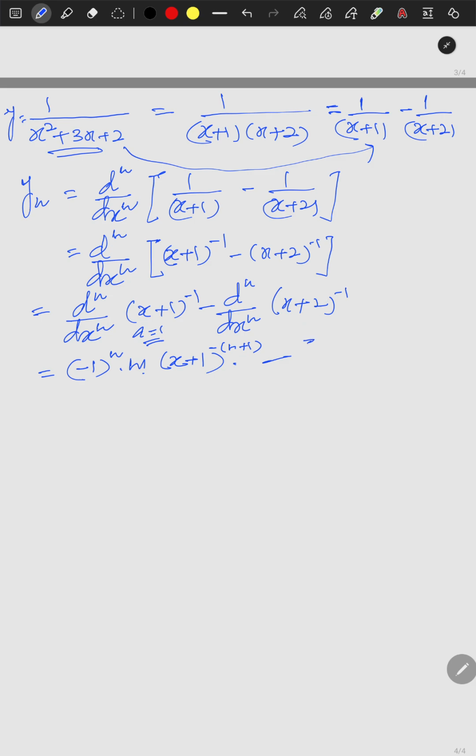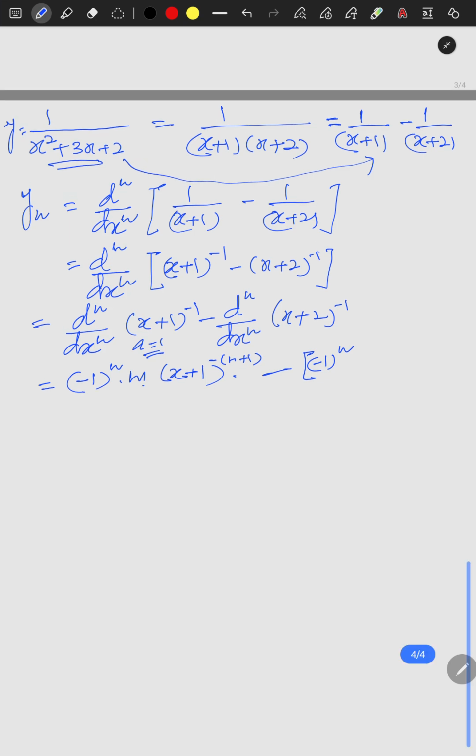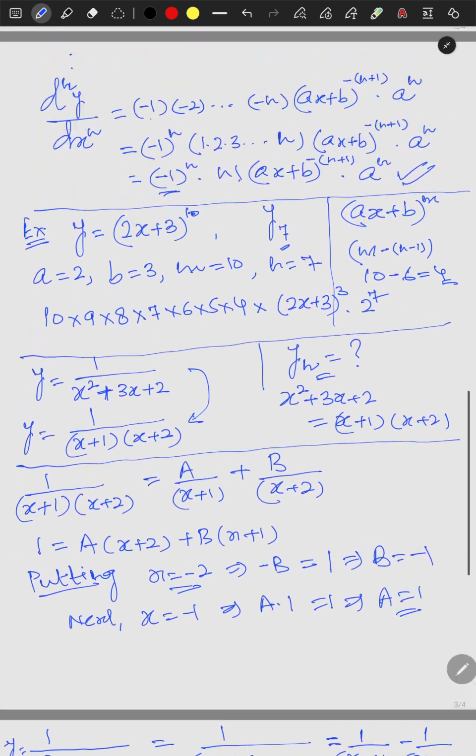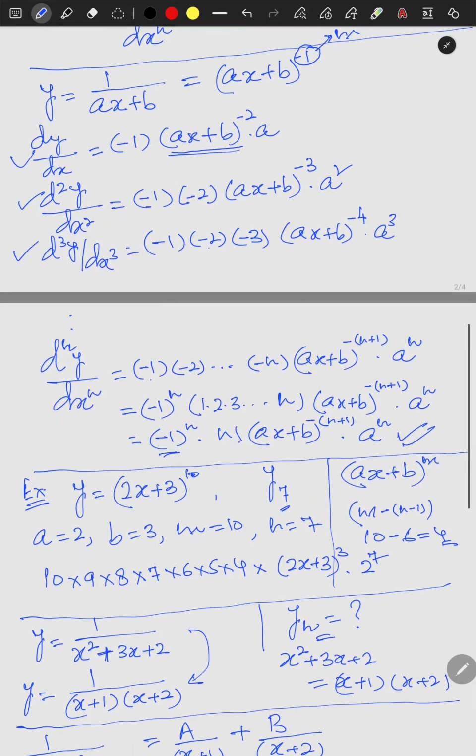Minus, if we are applying the same formula here, so this is minus 1 to the power n factorial x plus 2 to the power minus n plus 1, and in the multiplication you can see that here we are having a to the power n.